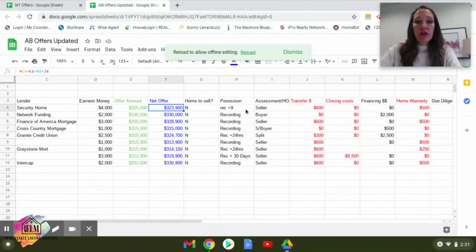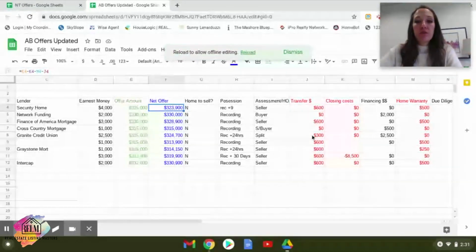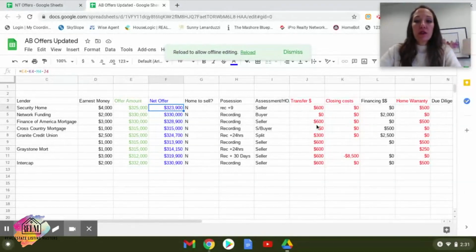Possession. When are they wanting to take possession of the property? Assessments and homeowners association dues. So you can see here that one of the buyers said they were willing to pay the assessment fee, but two of them said it would be split between the buyer and seller, meaning that this amount would be half of what the transfer fee was.